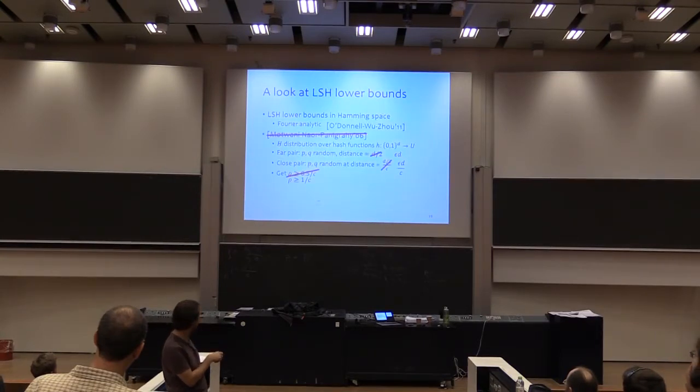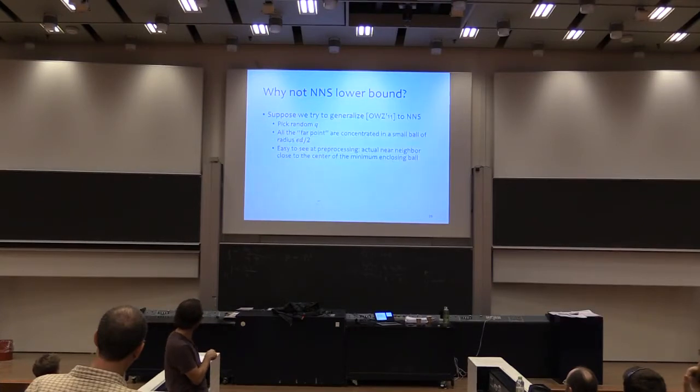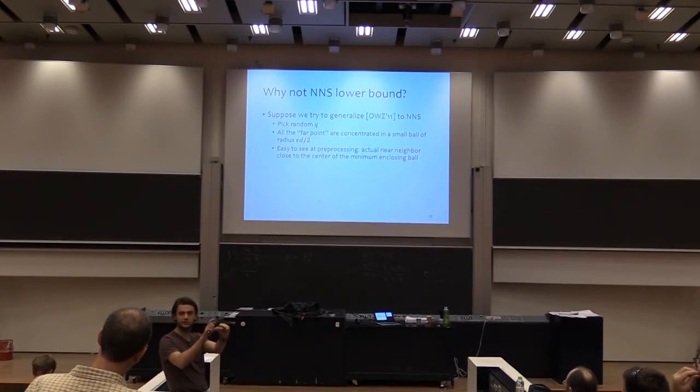So we generate a lot of far points at epsilon d. What happens is that we have a query point Q. We generate a very nearby close point, the actual near neighbor, and then we generate a bunch of other far points.